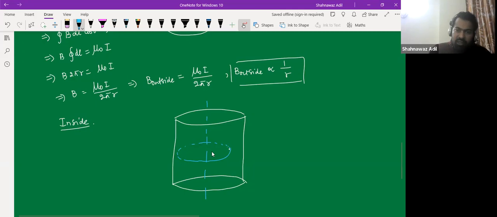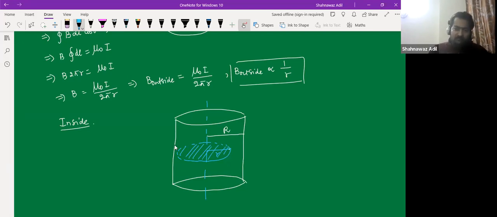And this distance is how much? This distance is r. Now this is the Amperian disk that we are taking, right?